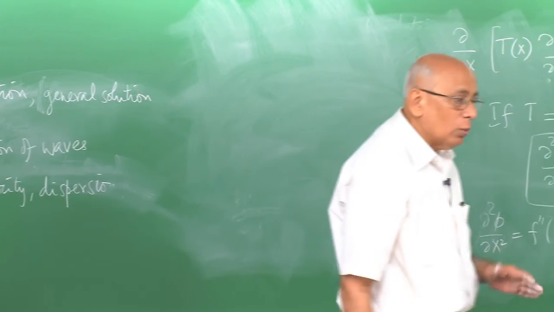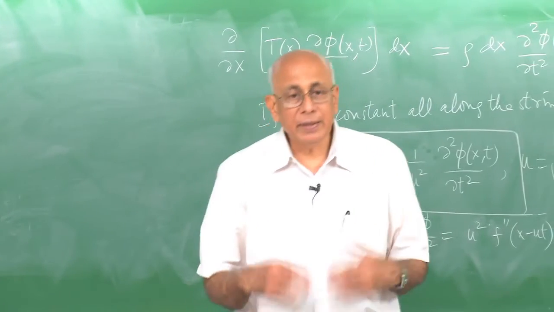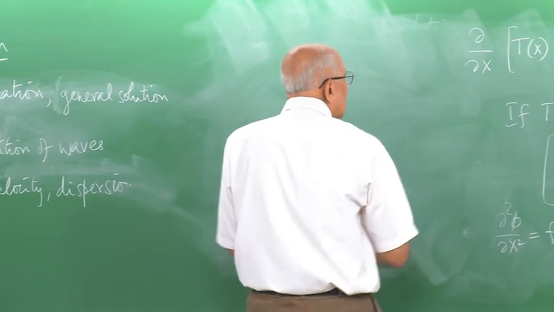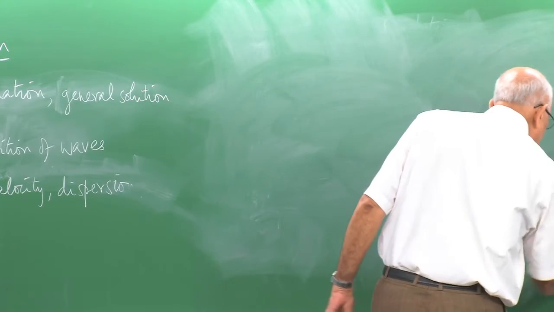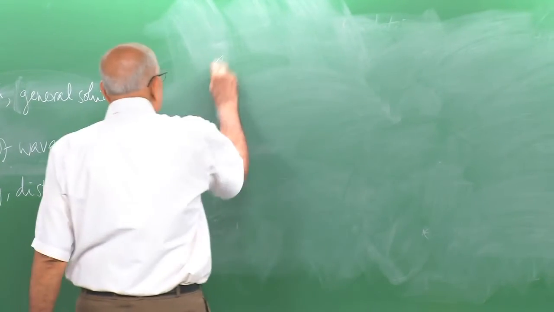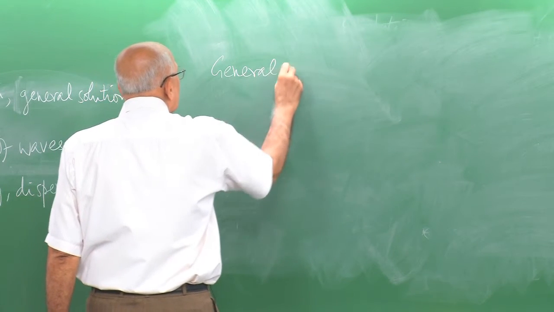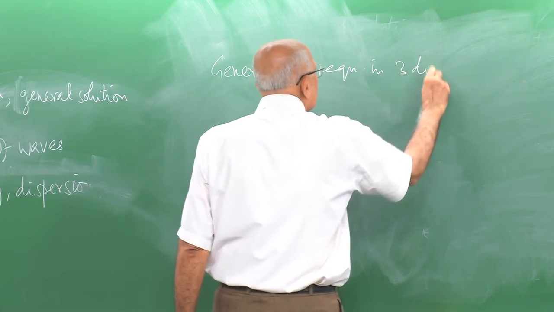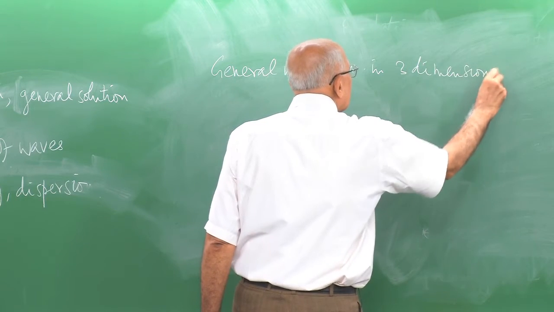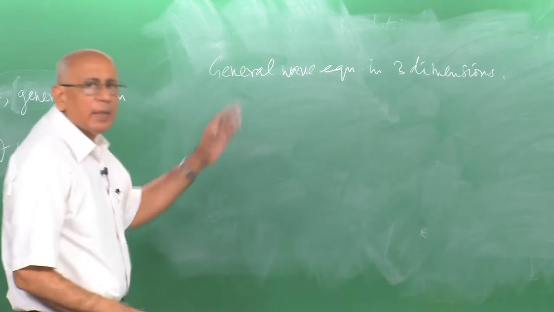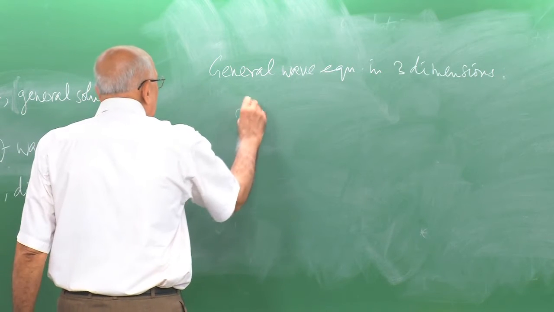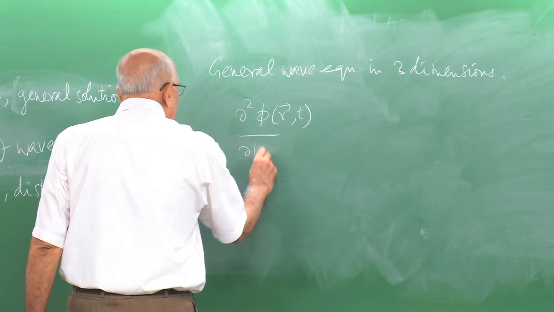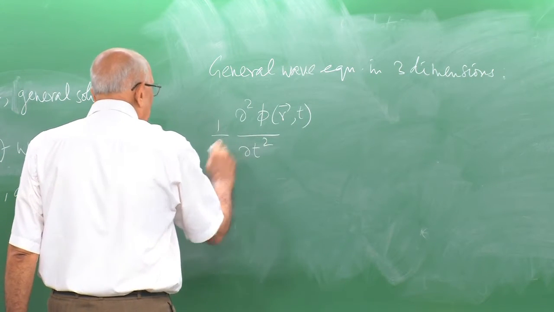What about sound waves? What about sound waves in 3 dimensions, in higher dimensions? Well, not surprisingly, a very similar kind of derivation shows us that the general wave equation in 3 dimensions for any disturbance, and let me continue to call it phi, is of the form d2 phi, now a function of r and t, over dt2, and then there is a speed squared, 1 over u squared.